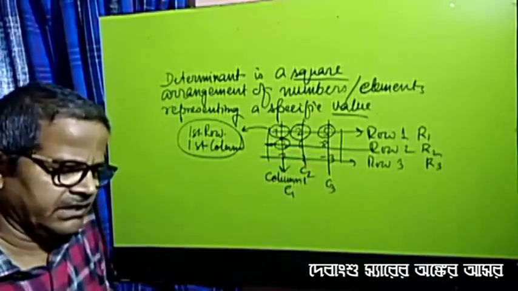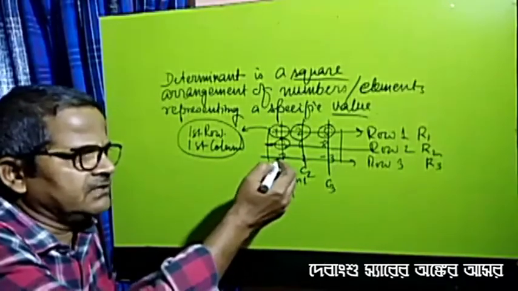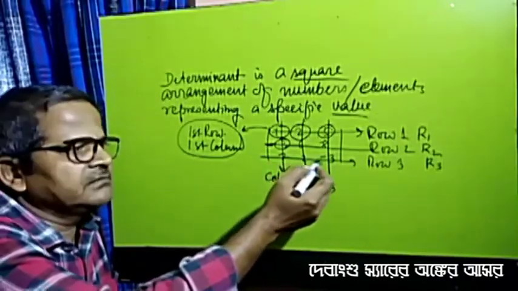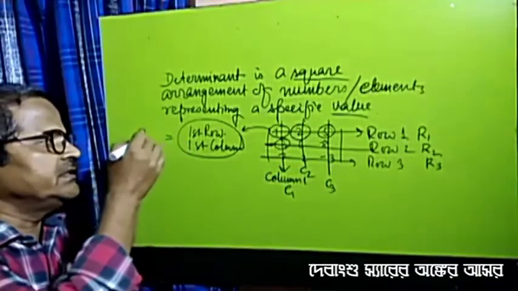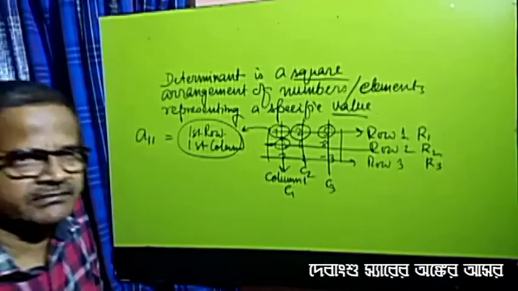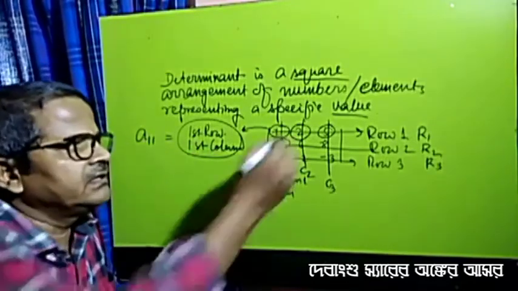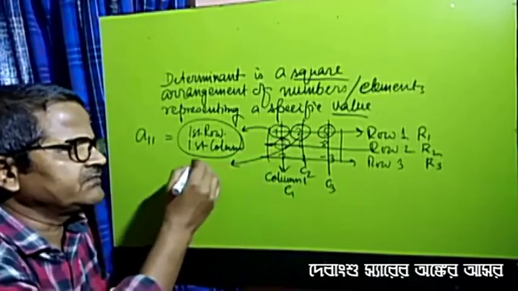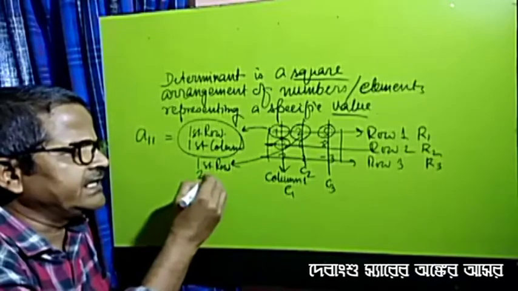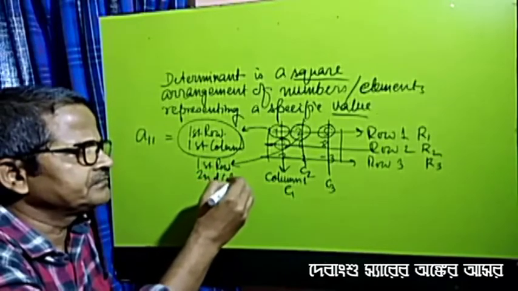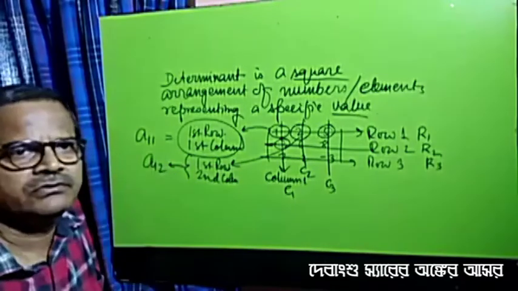Second row, third column. Similarly, this is third row, first column. Third row, second column. Third row, third column. That's why we denote this element in general by A11. Since this one is first row and second column, it is denoted by A12.